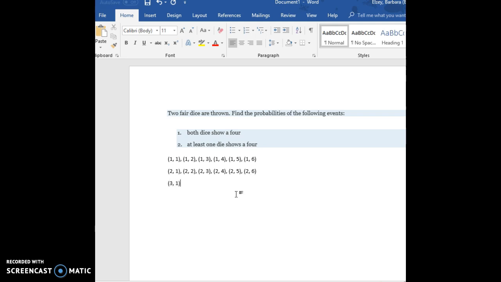We could get a 3 on the first one and a 1 on the second, a 3 and a 2, a 3 and a 3. And of course we can list them all out in this systematic manner and get all of the different possibilities for our dice.